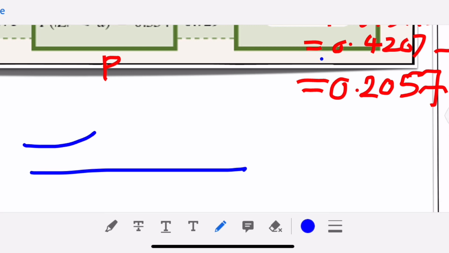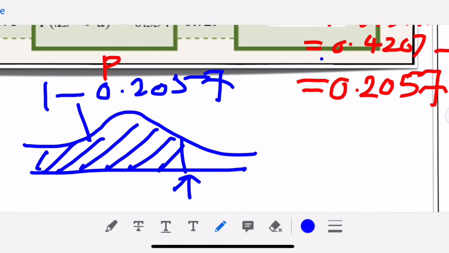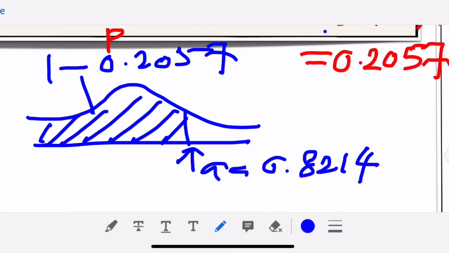If this area is 1 minus 0.2057, this A from the calculator inverse, the area shaded to the left, is 0.8214. You're getting the same answer, which is more accurate.